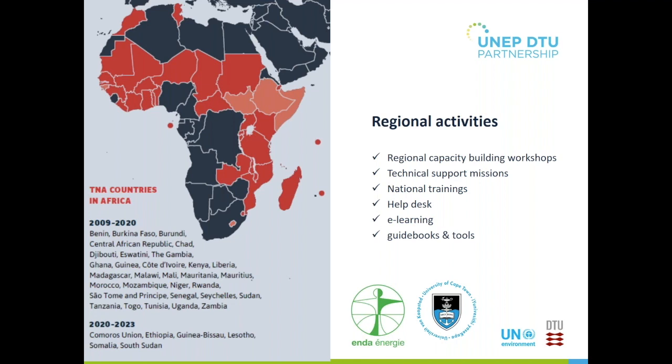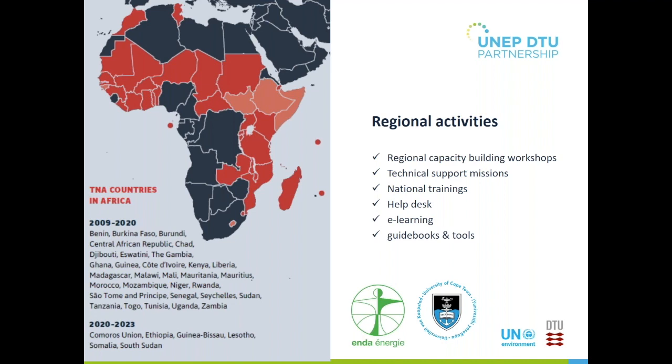We have a number of activities within each of the regions. In Africa, as in Asia and Latin America, we have regional capacity building workshops. Through the lifetime of the project where countries participate, which is typically 2.5 years for each country, they join 3 regional workshops, 1 for each of the steps that I described on the previous slide.